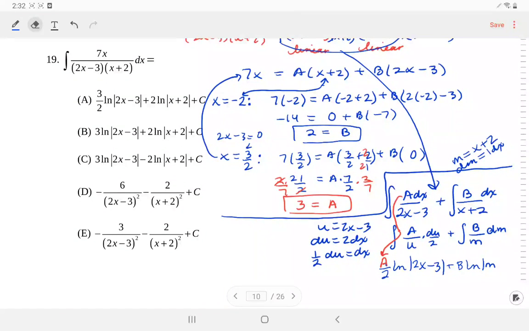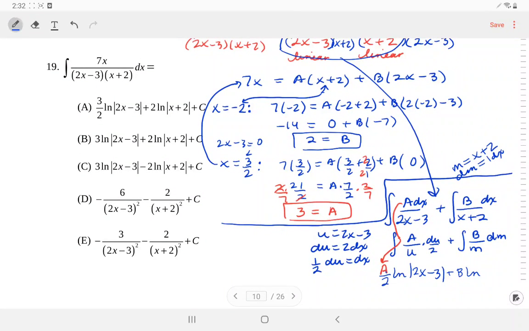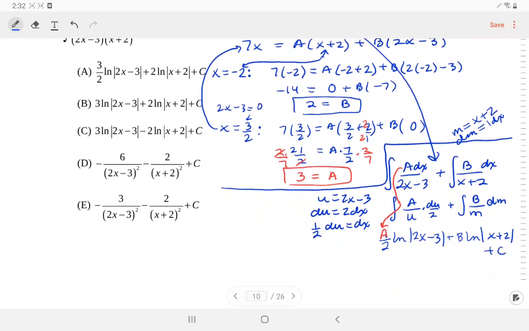But what's m? So probably you would skip that step and you would just do x plus 2, plus c. And now I did already find a, so a is 3/2 ln. But you don't want to get stuck on finding a and b, meaning that you can't take those antiderivatives. So that's why I usually take the antiderivatives first.